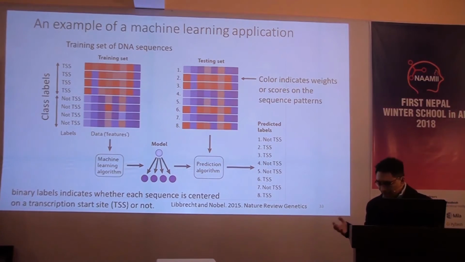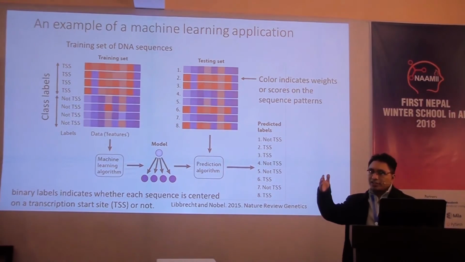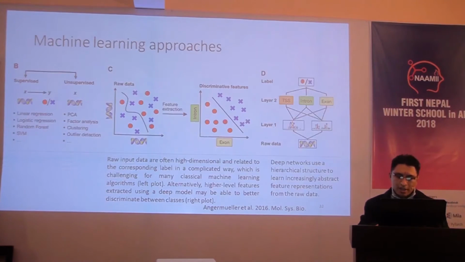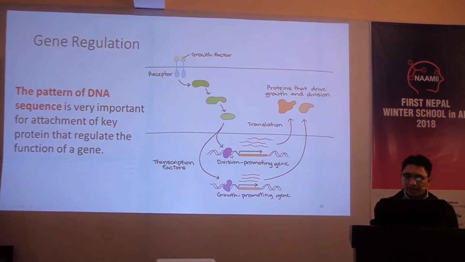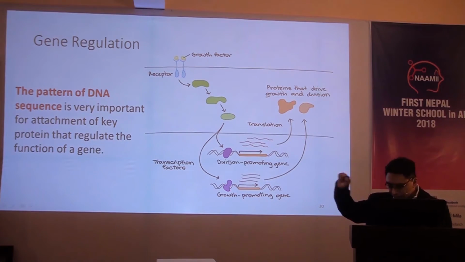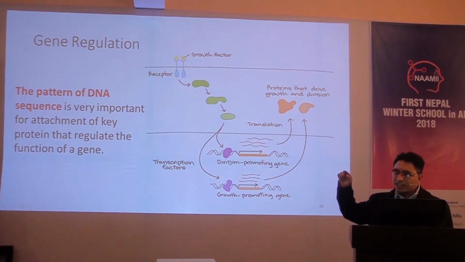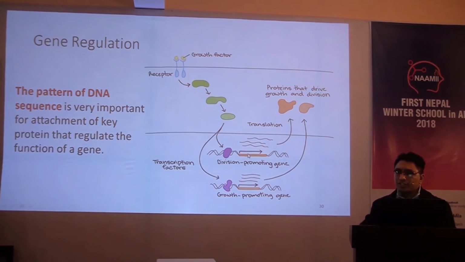Another example is to know about where the RNA is produced. If we look from here, when the transcription factor is bound and the signal to the gene is turned on, what I mean by the gene being turned on is that the DNA produces the RNA.